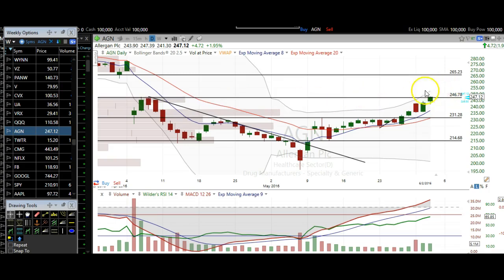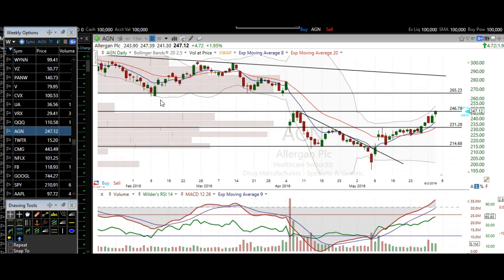If we end up closing above 247, we don't really have much resistance until about 265. So a break of 247, and we're going to get that next level of about 265 from the lows here, here, and here.